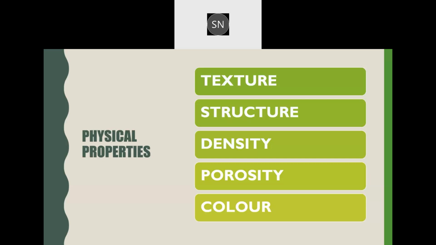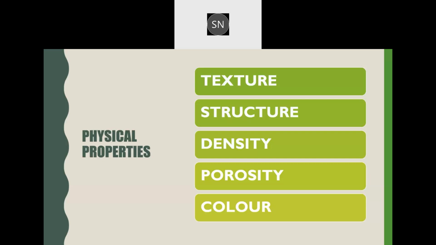Soil texture. Soil texture means the composition, or the percentage, of sand, silt, clay. So the triangles, we did a lot of exercises on the triangle to determine what type of soil according to the percentage of sand, silt, clay.